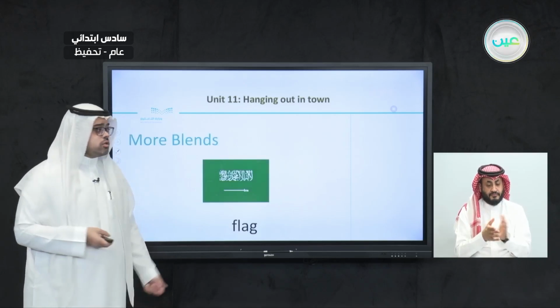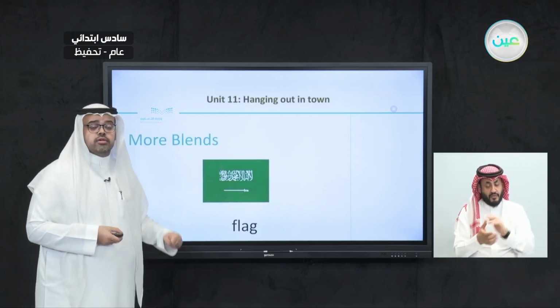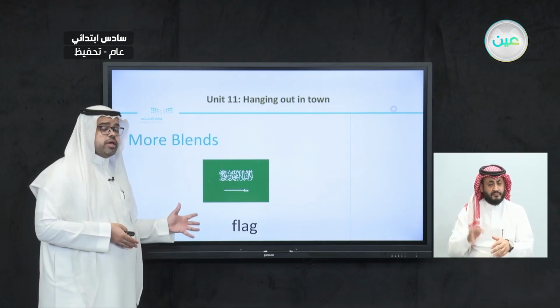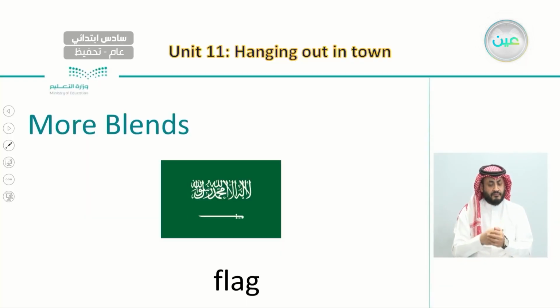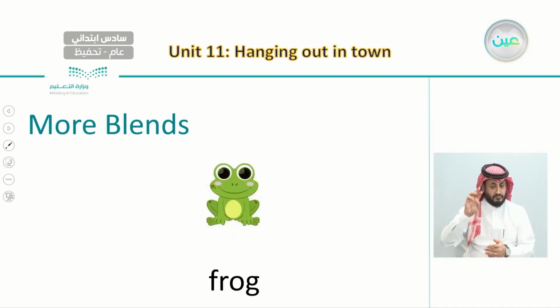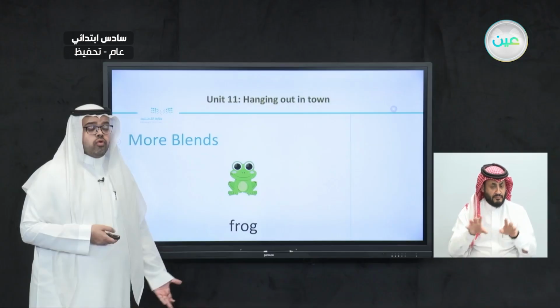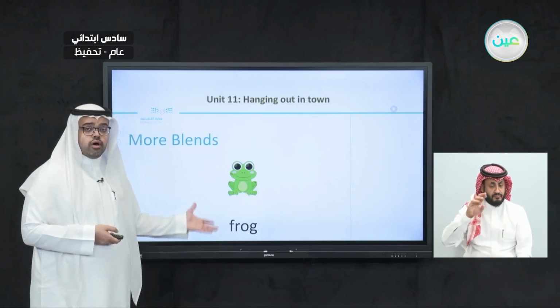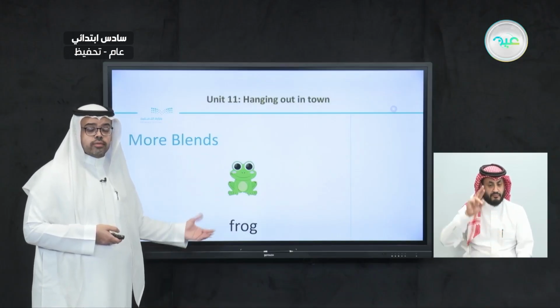Now let's get to know more of these blends. For example, the first blend we have here starts with F and L, with words like flag, flag, and flower. Also, the second blend we have starts with F and R, for words like frog, frog.